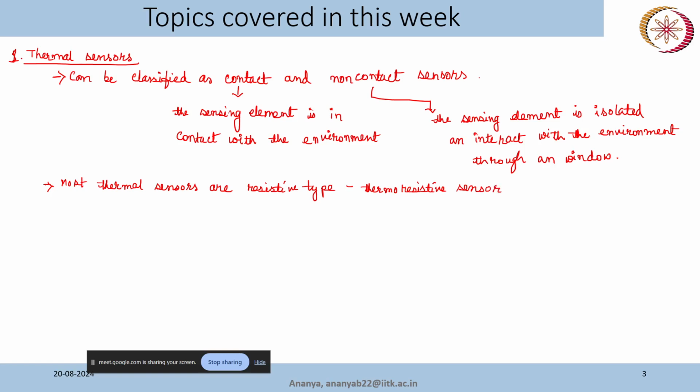Because resistance is an electrical parameter, we can measure it very easily, and we can design a circuit to interpret the resistance value. Because it is an electrical signal, we can make a sensor with some readable output, maybe using a display.